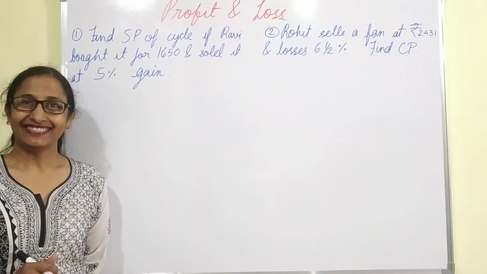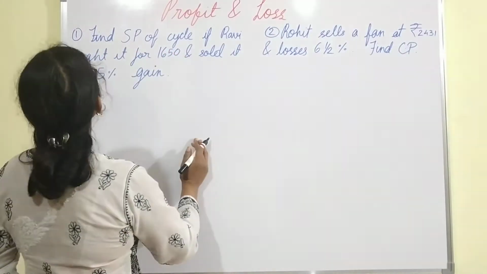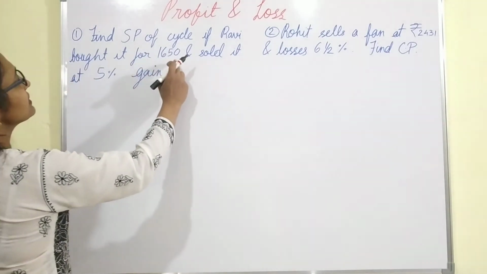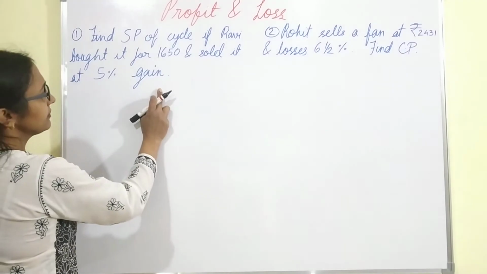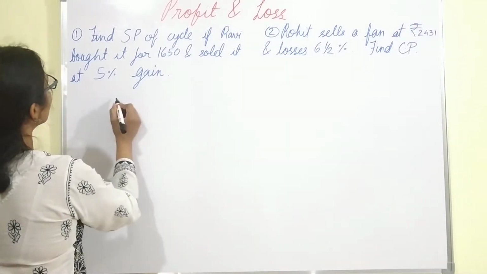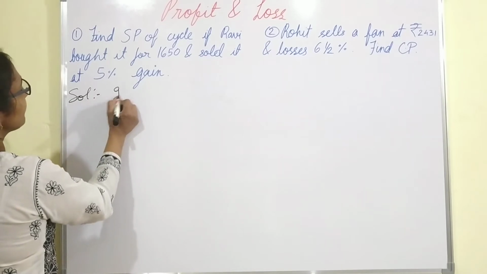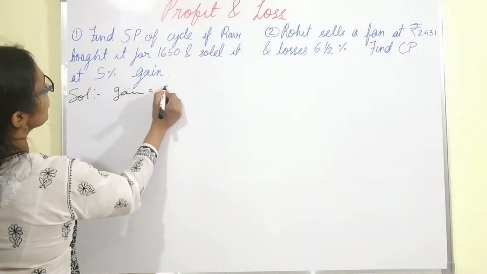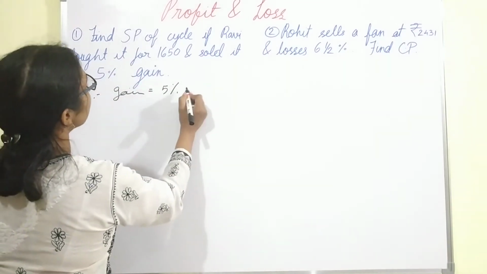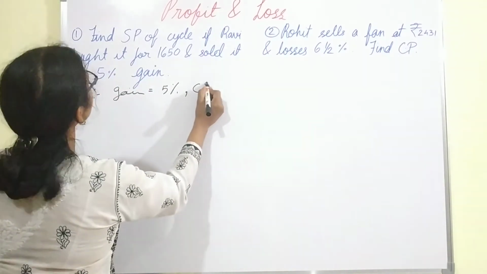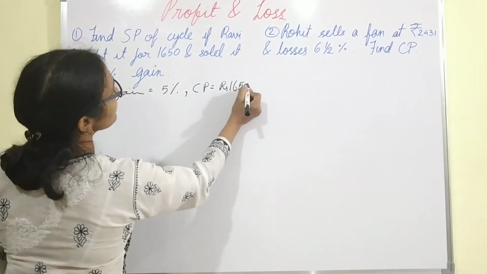Okay? Now the next question is: find SP of a cycle if Ravi bought it for rupees 1650 and sold it at 5% gain. Solution. First you write whatever things are given. Gain equals 5% and CP is rupees 1650.